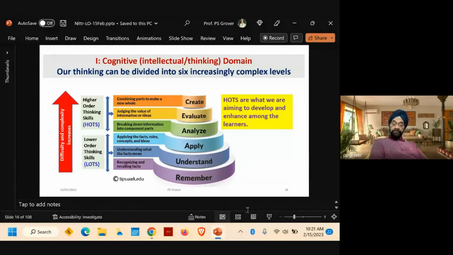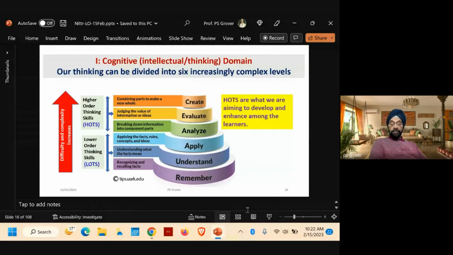And when we are designing our learning outcomes, we have to demonstrate how we are encapsulating the higher order thinking skills or lower order thinking skills in the statements of the course or program outcomes.